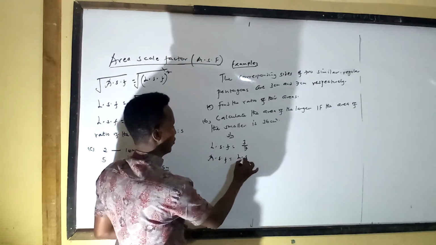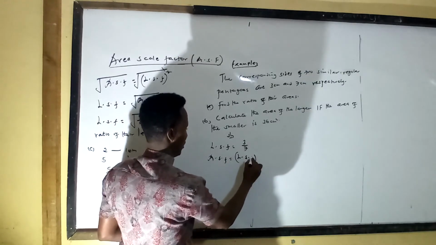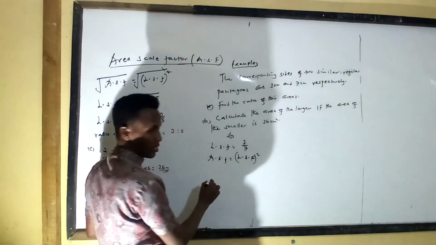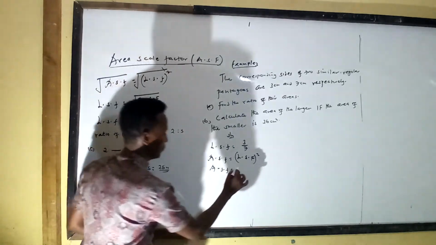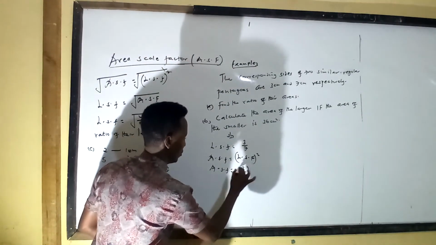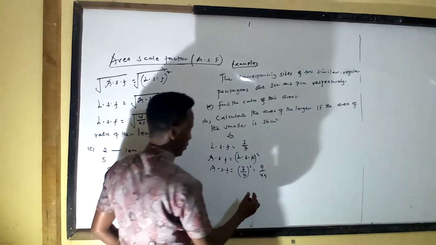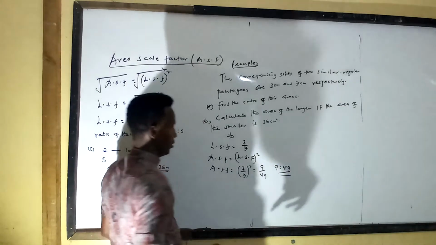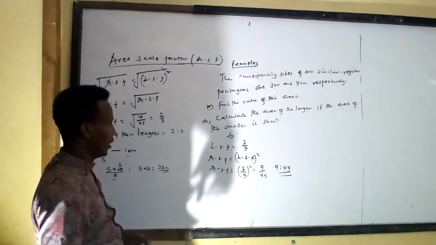Area scale factor is equal to linear scale factor squared. So area scale factor is equal to 3 out of 7 squared, which will give me 9 out of 49. Then the ratio will be 9 to 49. That is the answer for question A.